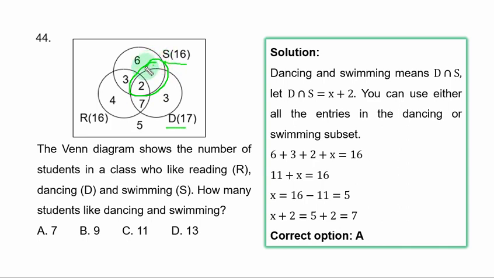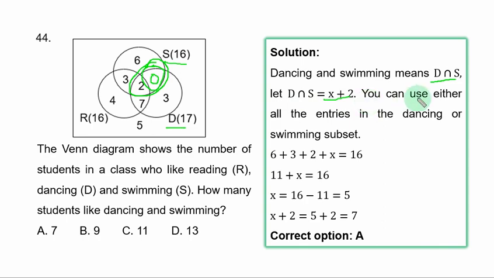Assuming the question specified swimming and dancing only, then we are interested in this part. But from what the question requires, it is these 2 plus here. So let this part alone be S. So those that like dancing and swimming means D intersection S. That is swimming intersection dancing, and you have S plus 2.